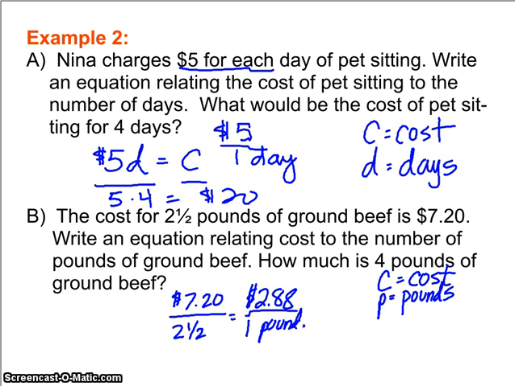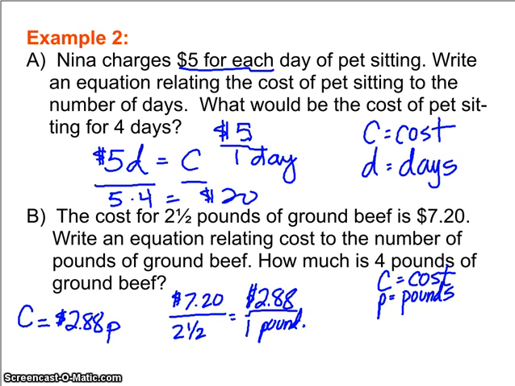So given this information, if we know the cost per 1 pound, to find the total cost, or C, we would do C equals the price per pound, which is $2.88, and we'd multiply it by the number of pounds that we want to purchase.